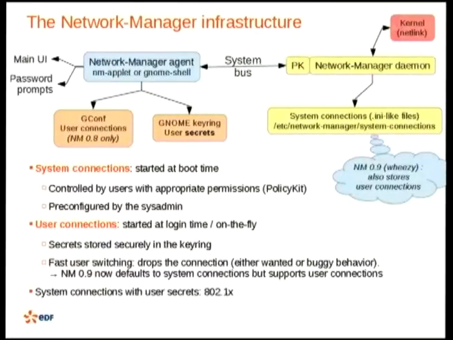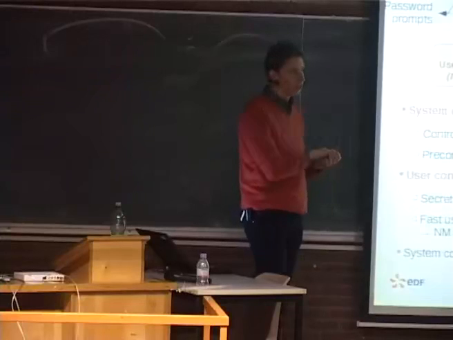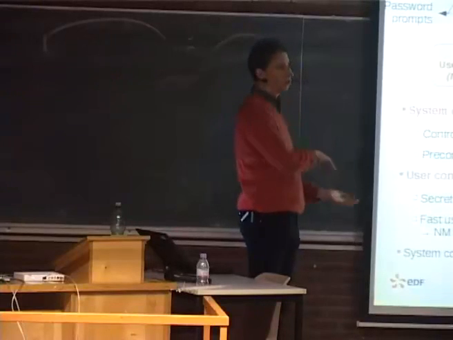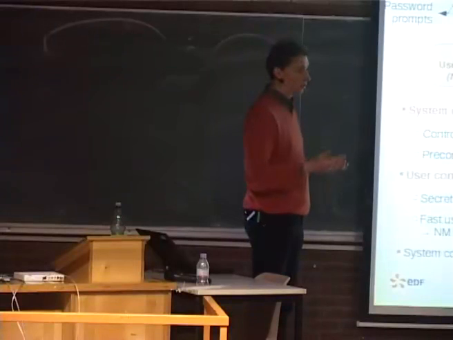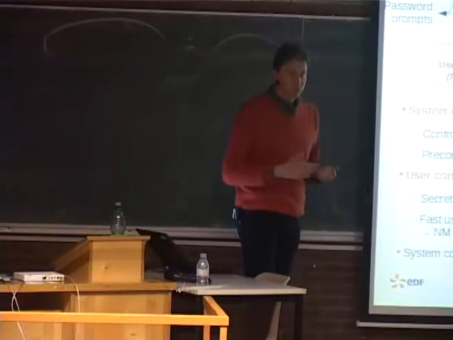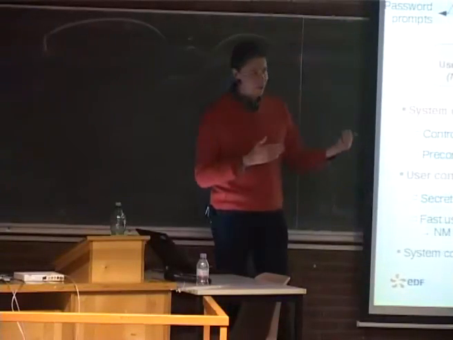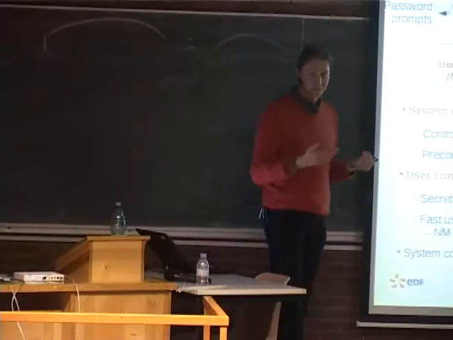The default is to allow that. And this way, for user connections, secrets are stored in the keyring. But of course, the connection becomes attached to the user. So if you switch to another user, the connection will be automatically dropped. Some people see this as a feature, some people see this as a bug.